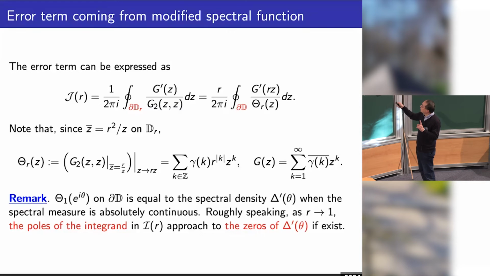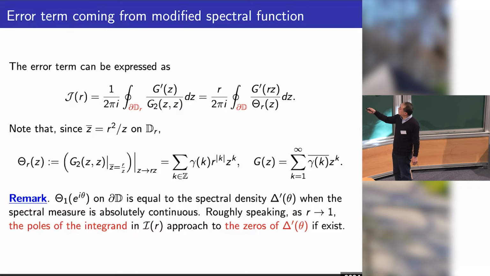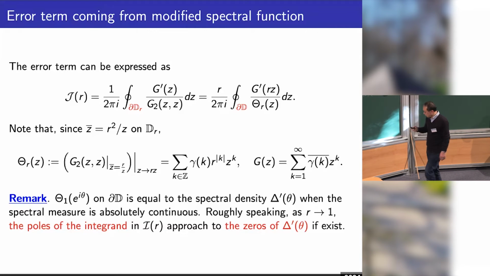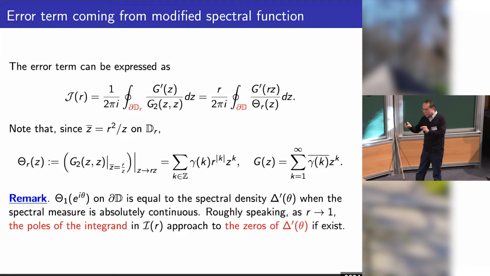If you have zeros of theta r, then this corresponds to the poles. And actually this theta 1, e^{i theta}, is equal to the spectral density if there is a spectral density. So the poles of this integrand approach the zeros of the spectral density. So the behavior of the zeros as r goes to 1 very heavily depends on the behavior of the zeros of the spectral density.